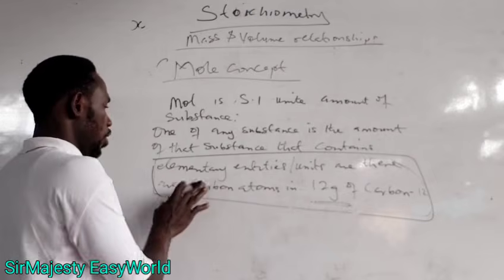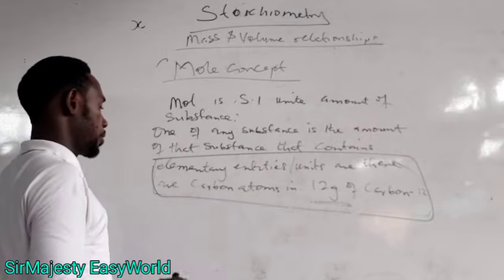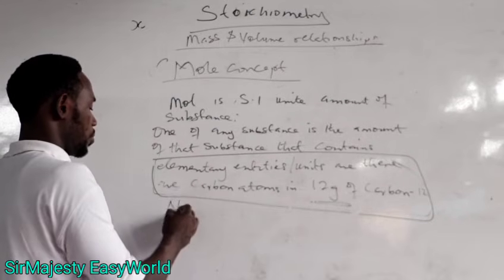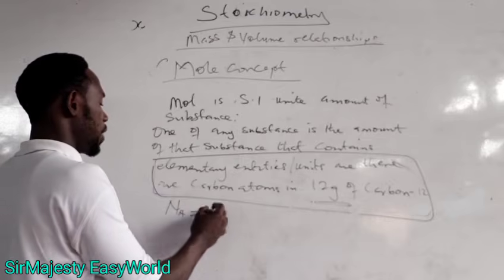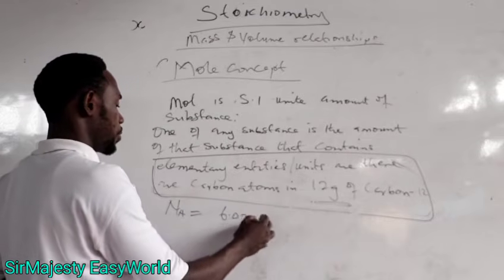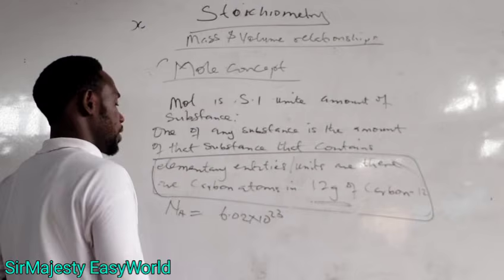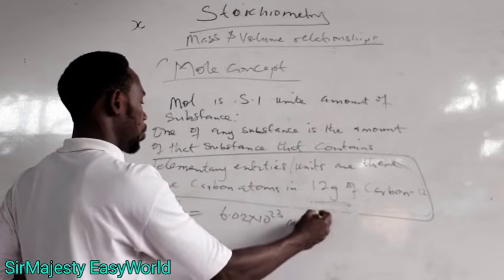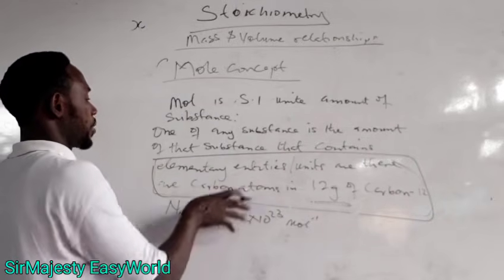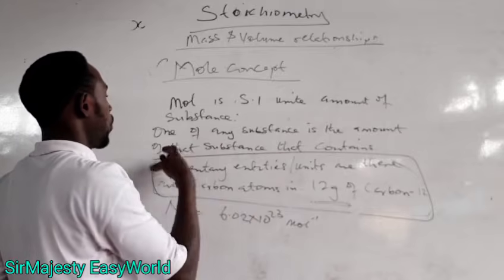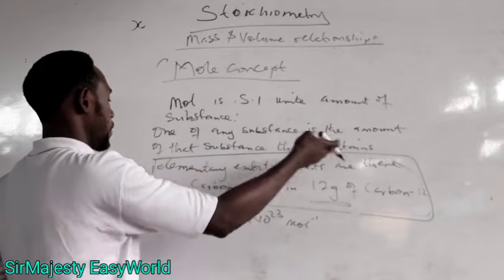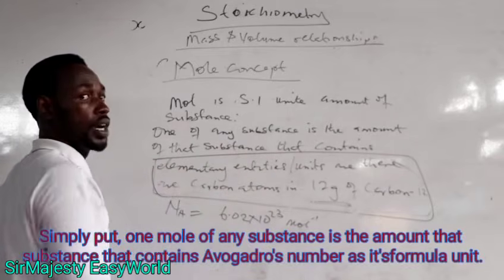So the number of carbon atoms in 12 grams of carbon 12 is what we call Avogadro's number, Na, and it is numerically equal to 6.02 times 10 raised to the power 23 per mole. So one can now say that 1 mole of any substance is the amount of that substance that contains Avogadro's number.